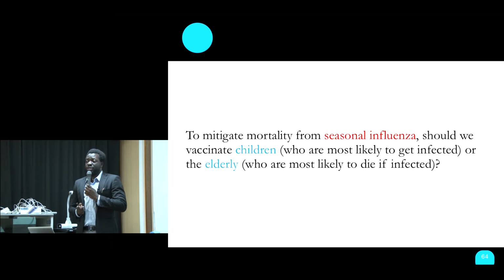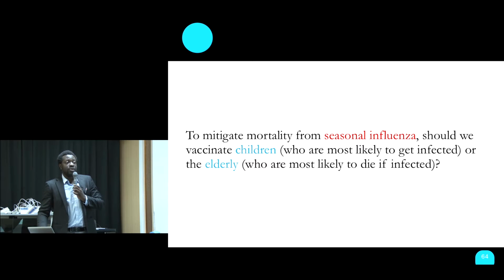But before we get to that, I would like you to think about some of these questions here. You don't have to give an answer, just think by yourself for a few seconds. The first one is, in order to mitigate mortality from seasonal influenza, should we vaccinate children because children are most likely to get infected?